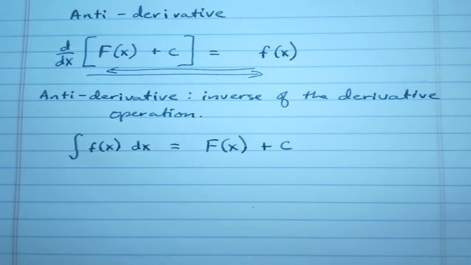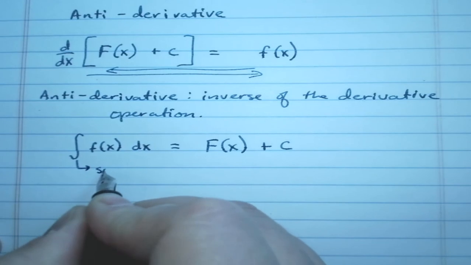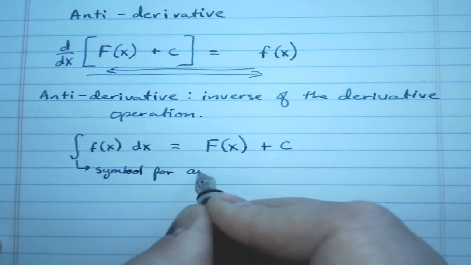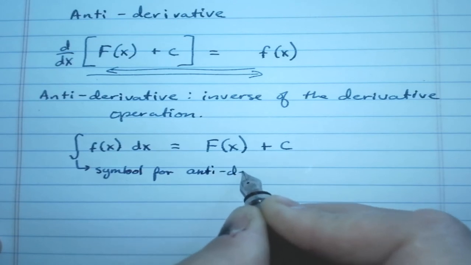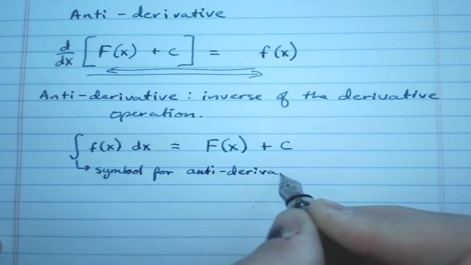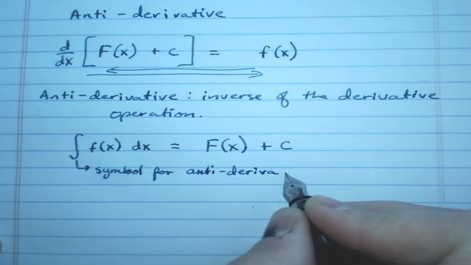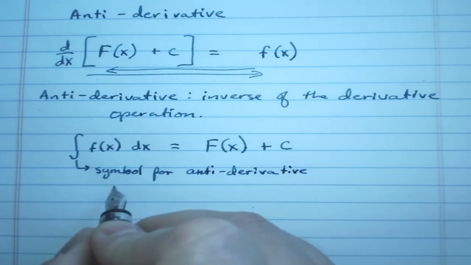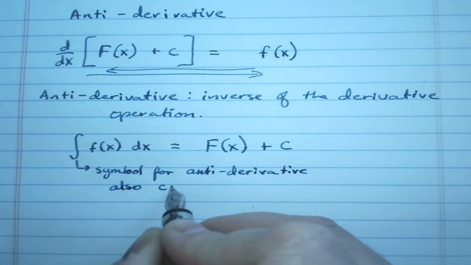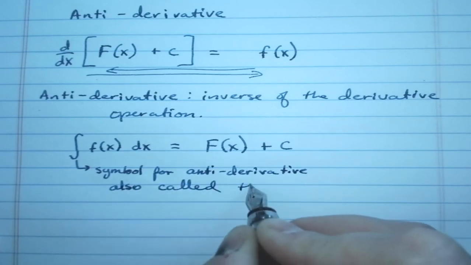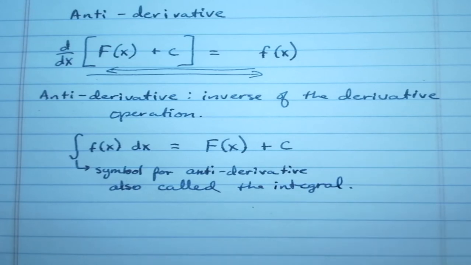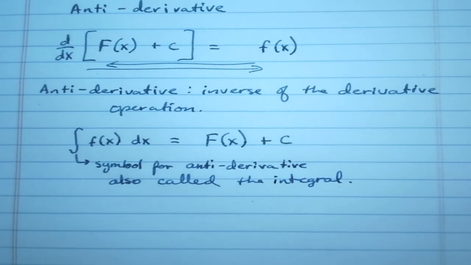It's literally backwards. So this is the symbol for the antiderivative, and it's also called the integral. We're going to call it the antiderivative for now. We'll work into that word later.